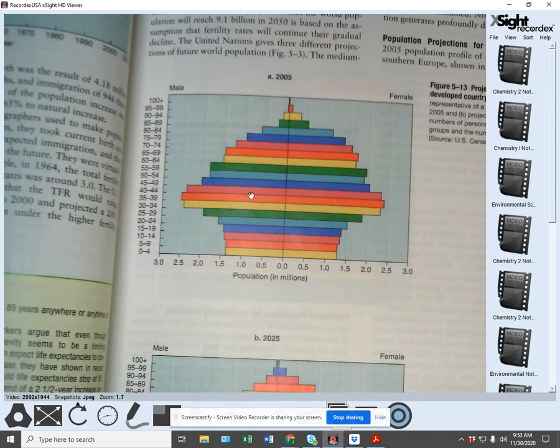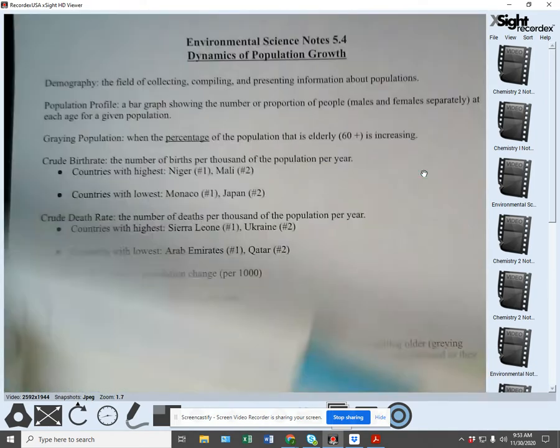So you can see the biggest percentage of their population is middle aged.